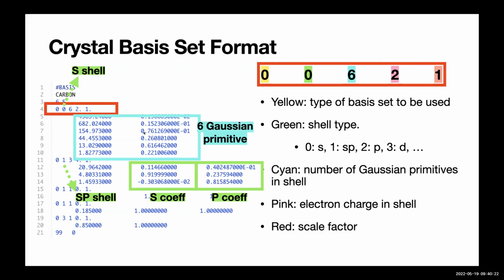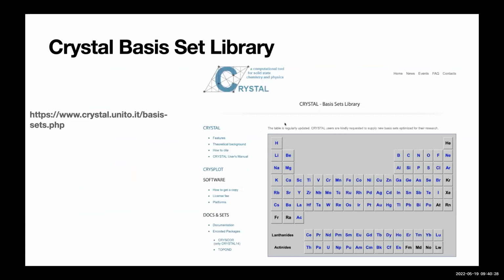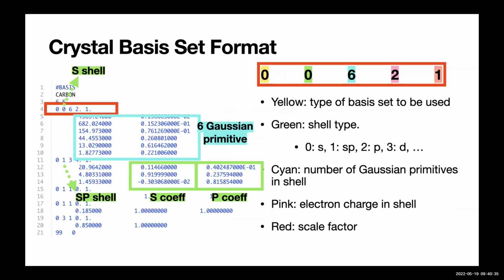Those basis sets you can find in the CRYSTAL basis set library, and I am also attaching a link to it. They are all in the standard CRYSTAL basis set format. So usually you'll see 0 on every information line.